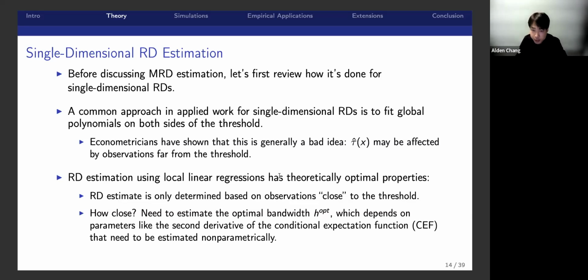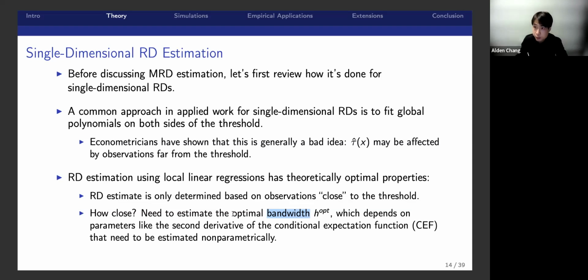Now, the tuning parameter in local linear regressions is called a bandwidth, and we want to choose a bandwidth that balances both the bias of the estimates and the variance of the estimates. So people typically choose a bandwidth to minimize the mean squared error, and we'll call the bandwidth that achieves this the optimal bandwidth.